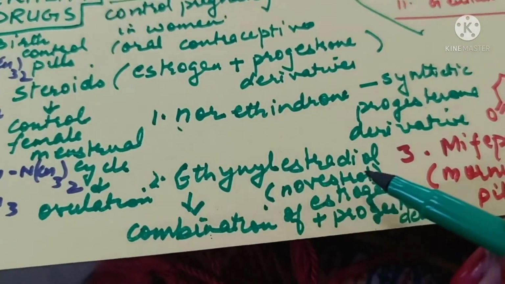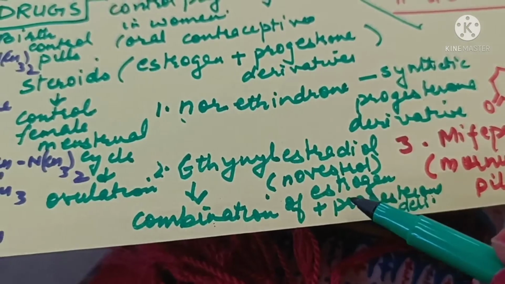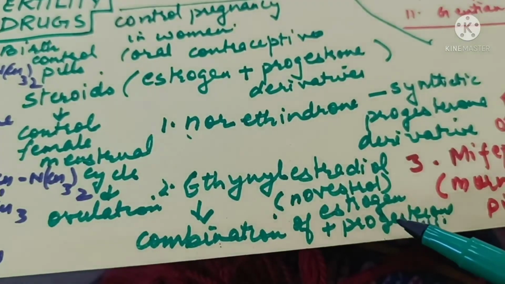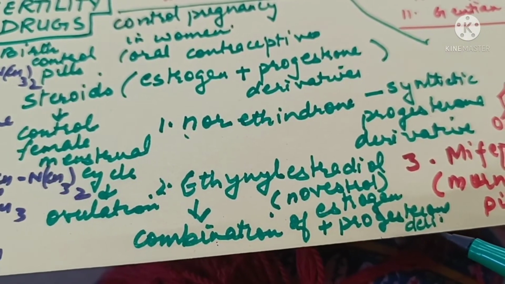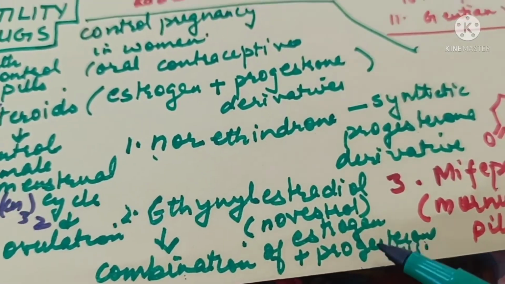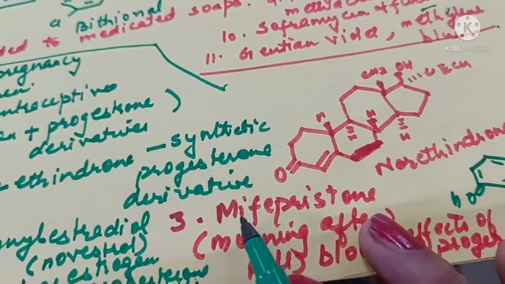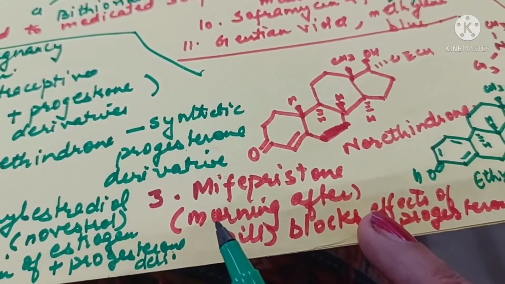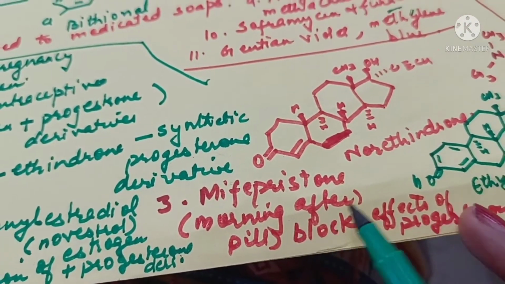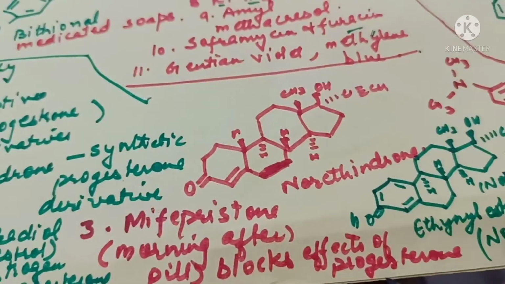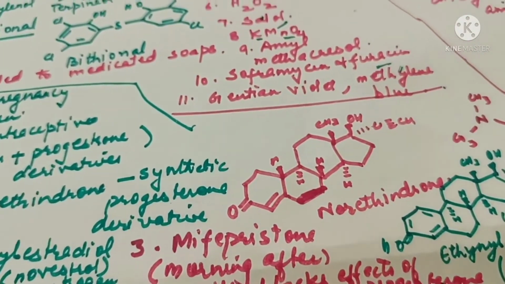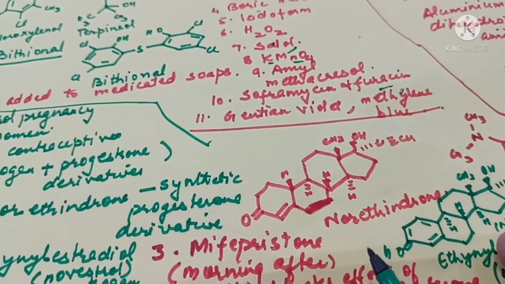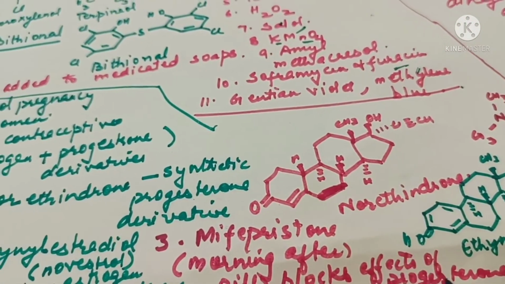Then ethinyl estradiol, also known as Novestrol, is a combination of estrogen and progesterone derivative. It's used as a contraceptive. Then mifepristone, it is also a contraceptive, which is also known as morning after pill. It blocks the effects of progesterone and prevents the implantation of embryo in humans.